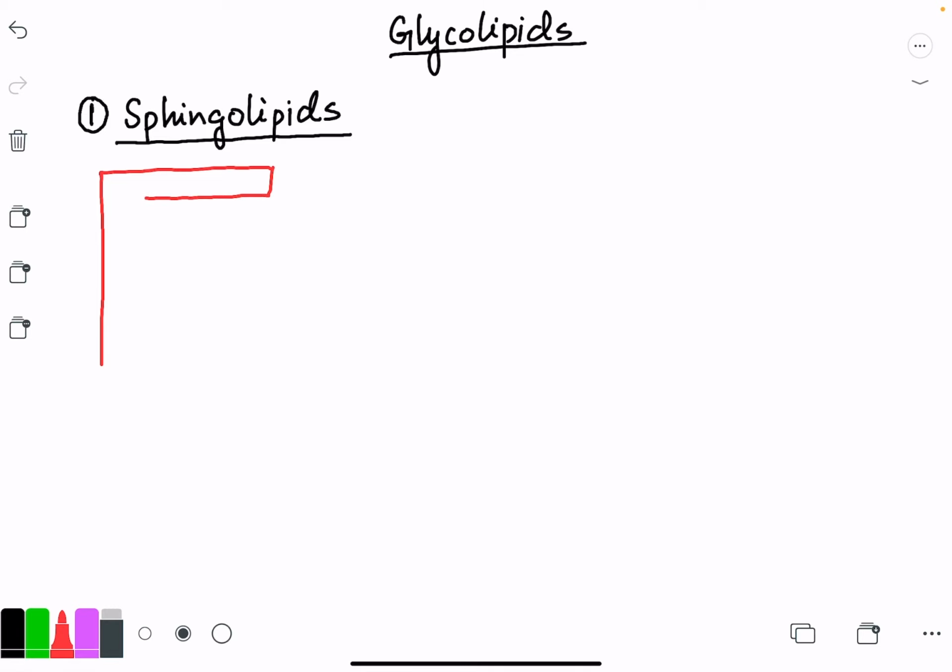And sphingosine looks kind of like this. I'm drawing a very simplified structure because remembering the main structure is not that important. Now this sphingosine will again be attached to a fatty acid.